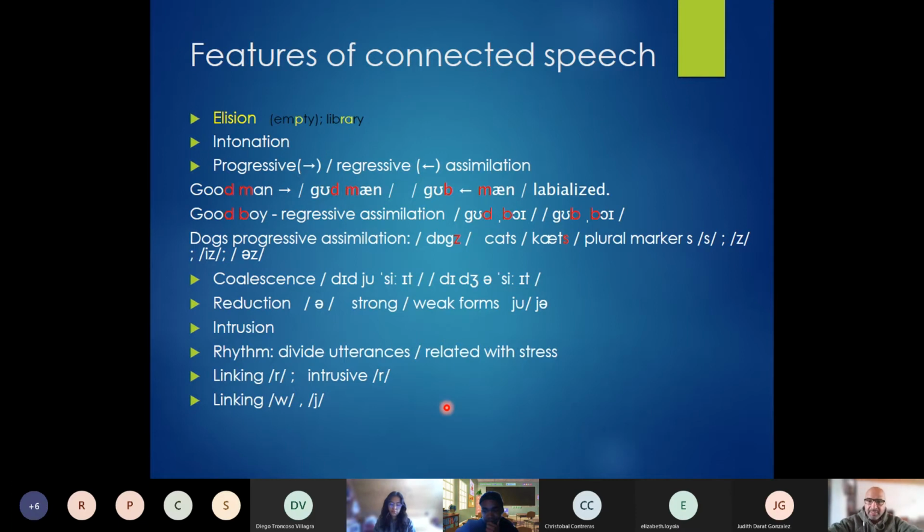For example, suspect is the person who we think committed a crime. Suspect is the action of suspecting someone, right? So with suspect, we stress the first syllable and we have the noun, and by stressing the second syllable, we have a verb. So word stress is quite important.